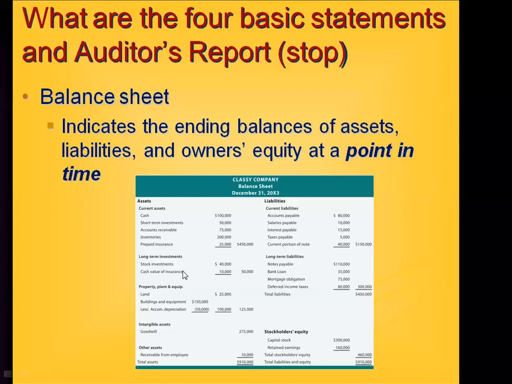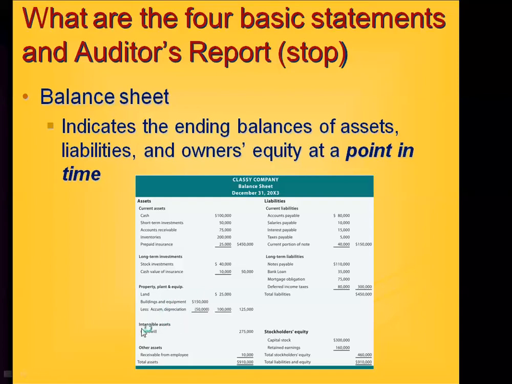Then you have long-term, which means something that would come due in more than a year. Stock investments is considered a long-term asset. Cash value of insurance would be considered a long-term asset. And then things like property, plant, and equipment would be considered long-term assets.